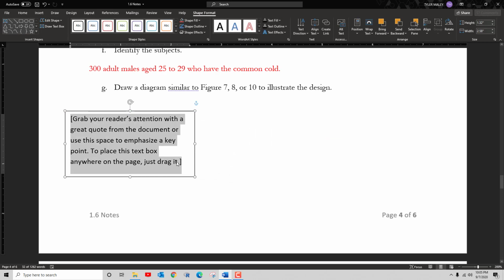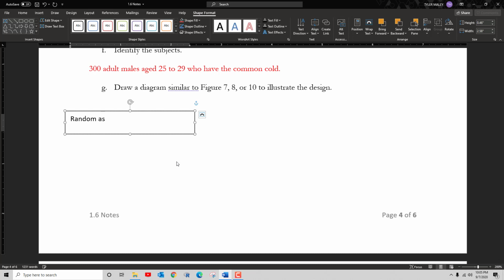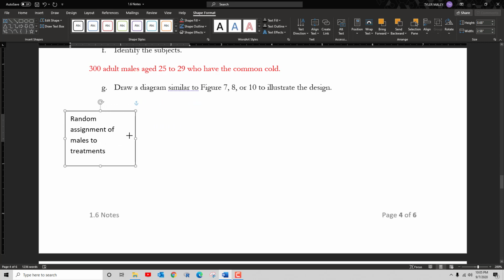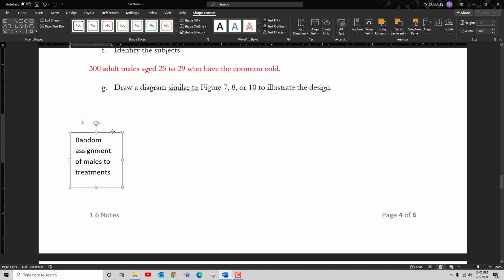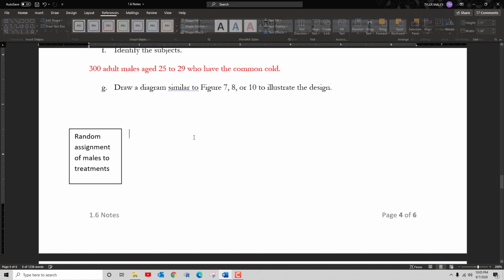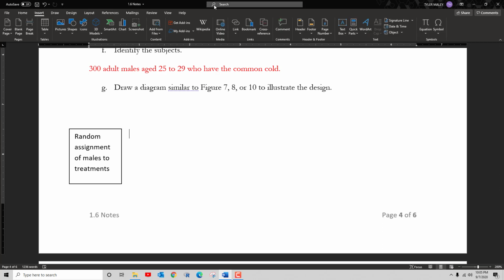Over here, I'm going to put random assignment of males to treatments. That's the first part of this, and then this breaks off into two groups. So I'm just going to use an arrow.